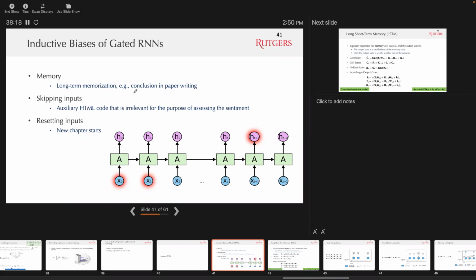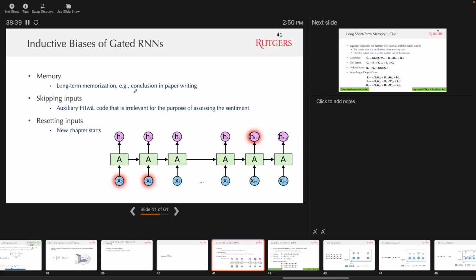If the matrix is very small, then your memory vanishes. That's why vanilla RNN is very difficult to use for long-term memory. But modern RNN, with the gating mechanism, is able to really handle long-term memorization, and this is very important.